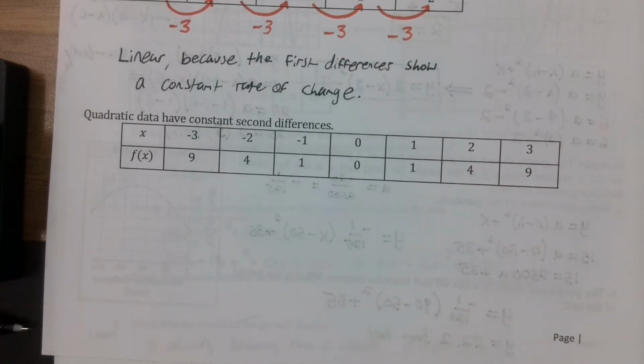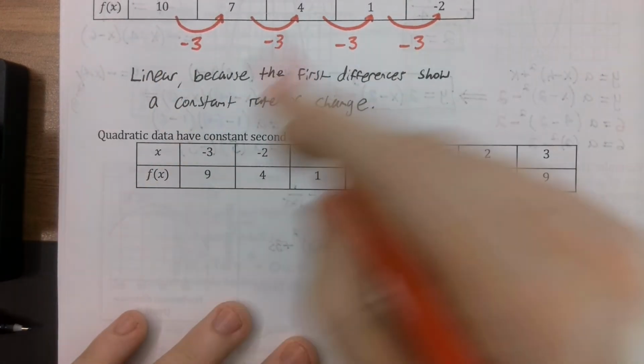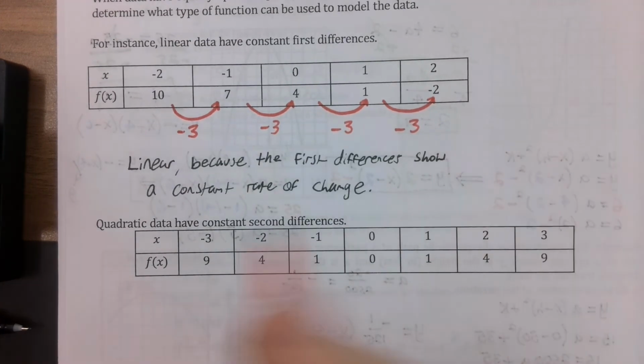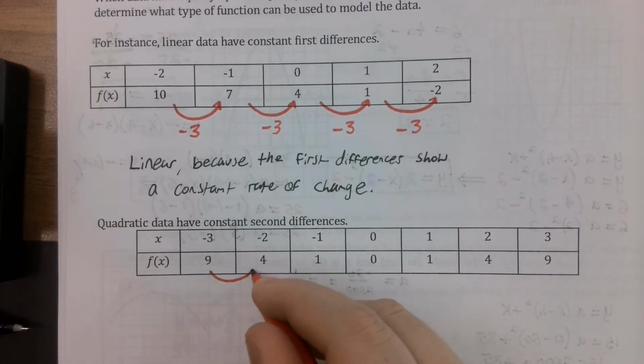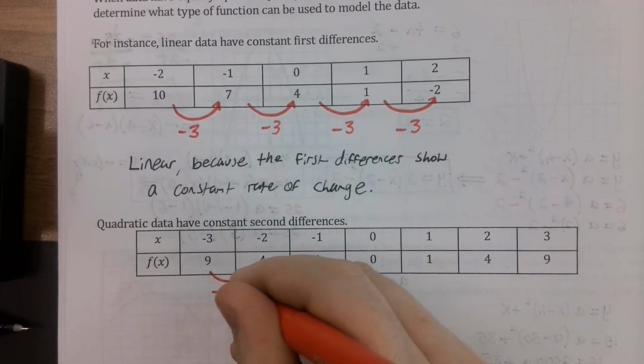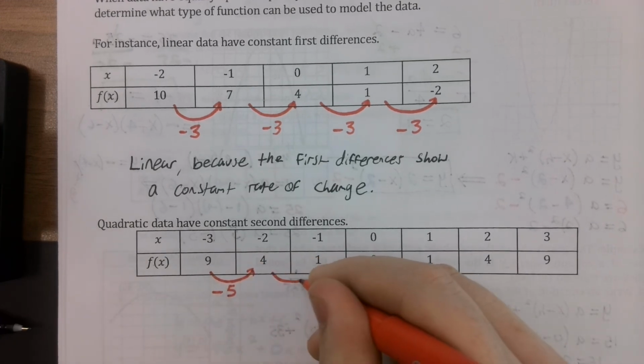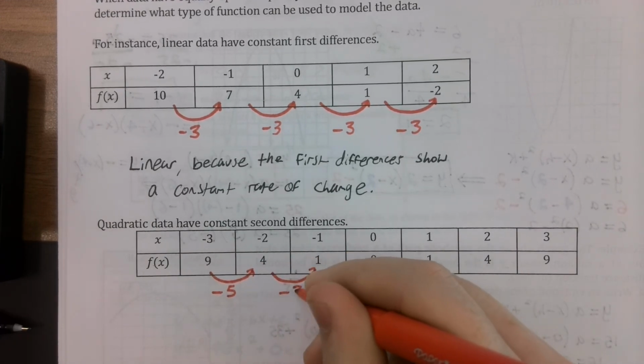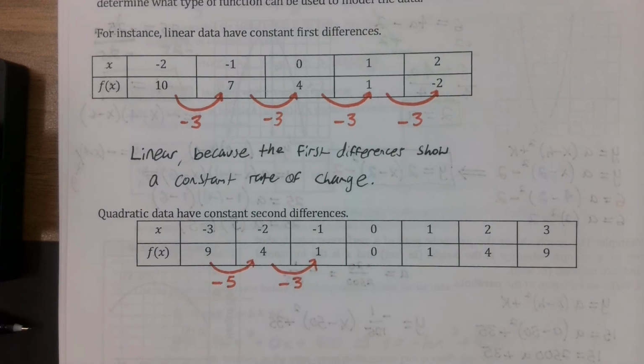But if we look at the quadratic data here, we know it's quadratic because they tell us. Let's take a look and see if it also has constant differences. So to go from 9 to 4, we're subtracting 5, cool beans. From 4 to 1, we're subtracting 3, and immediately we know, oh, it's not linear.